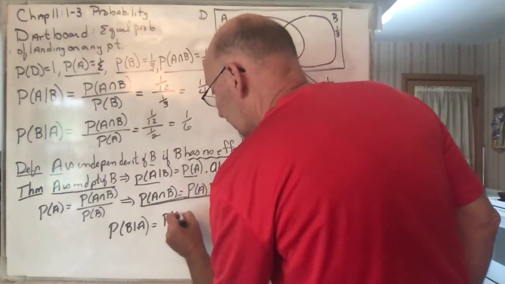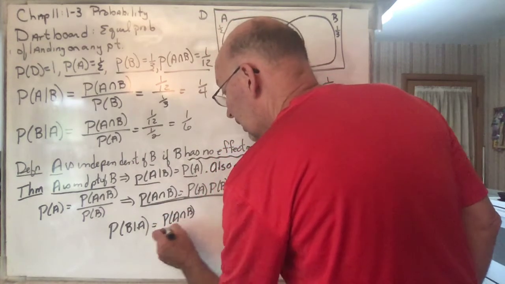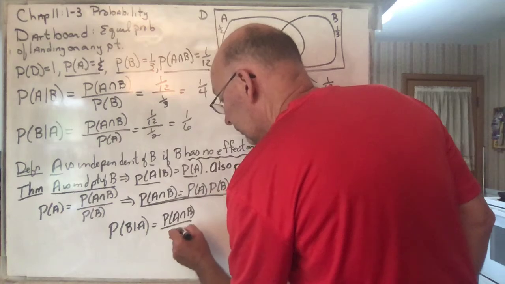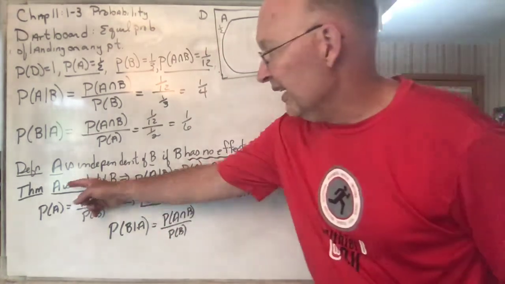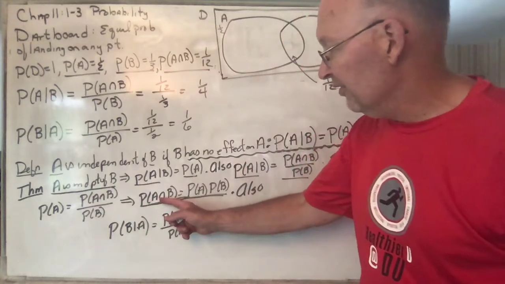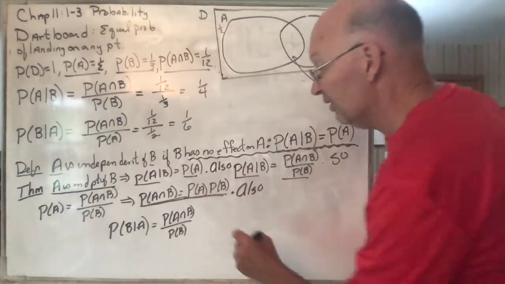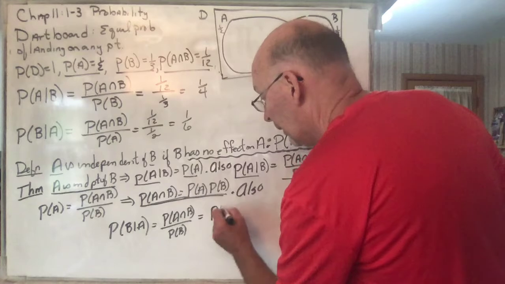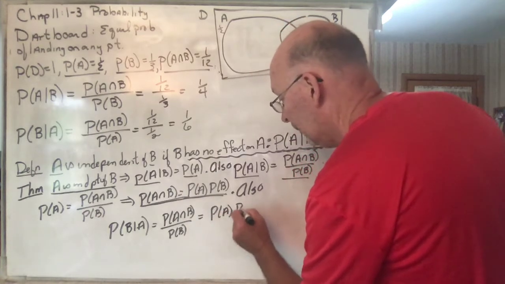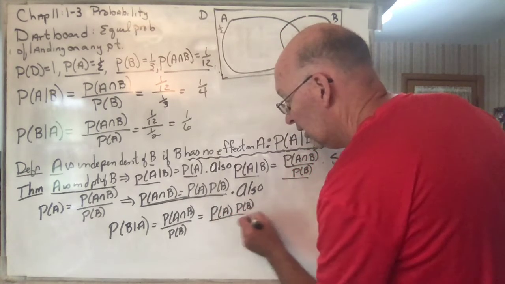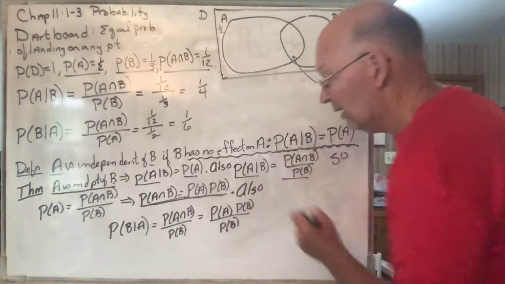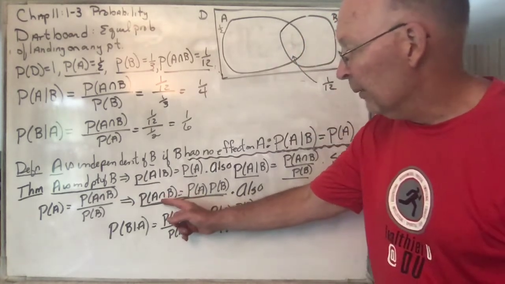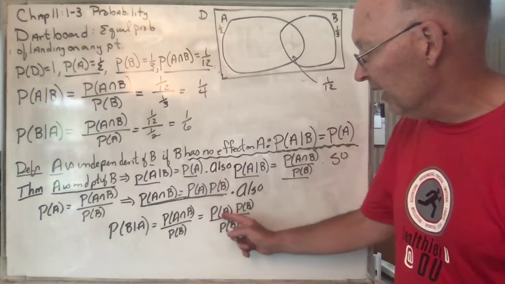It's the probability of A and B divided by the probability of B. But now, since A is independent of B, I know that this thing right here is equal to this. So this is equal to the probability of A times the probability of B, all divided by the probability of B. Okay? This probability of the intersection is equal to this product.